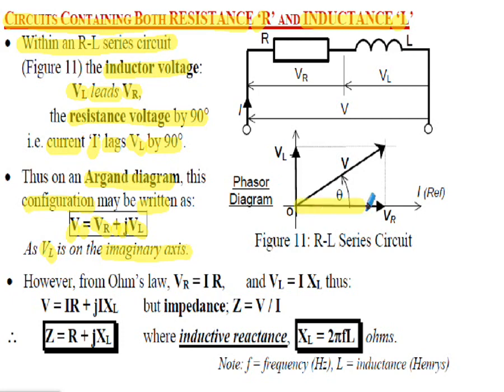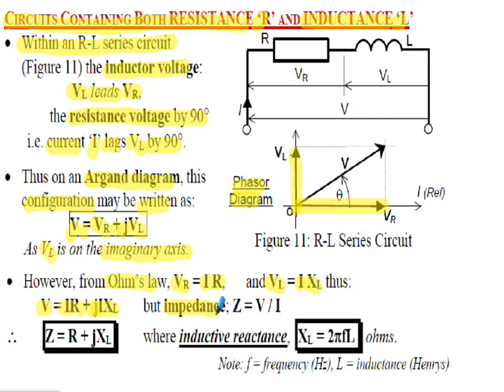So this is the voltage in the resistor on the real axis, and 90 degrees round on the Argand diagram is the voltage in the inductor. This is the phasor diagram. However, from Ohm's law, the voltage in the resistor is I times R, current times resistance, and VL is equal to I times XL. Thus the voltage expression above could be written as V is equal to IR plus jIXL.